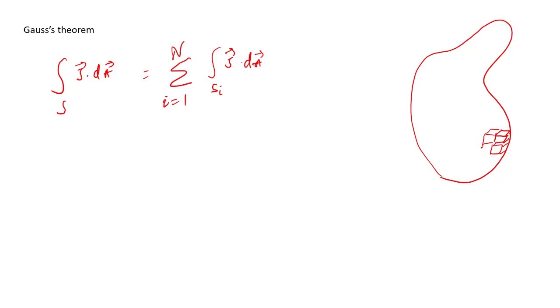I can chop this up into small cubes like this. So if I look at just these two cubes, let's call them A and B. For example, if there is flow coming in this way, that's in for this face of A, and then there is a component that goes outside A.